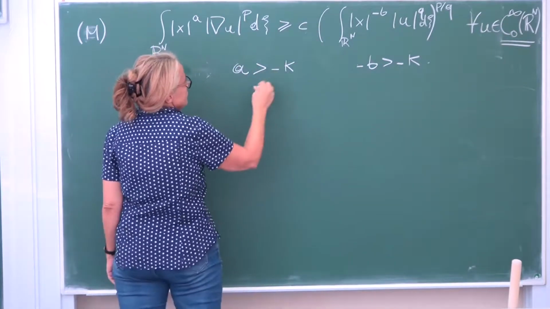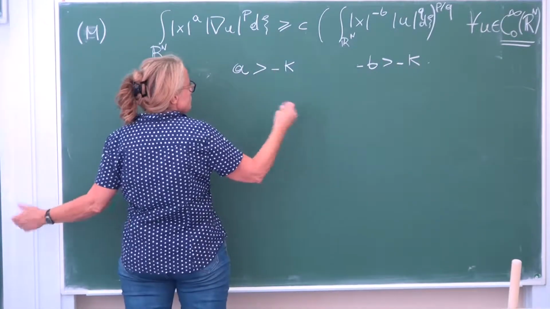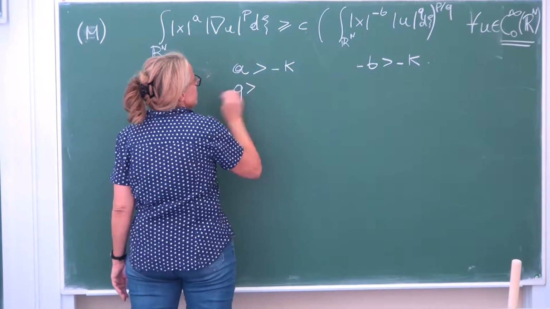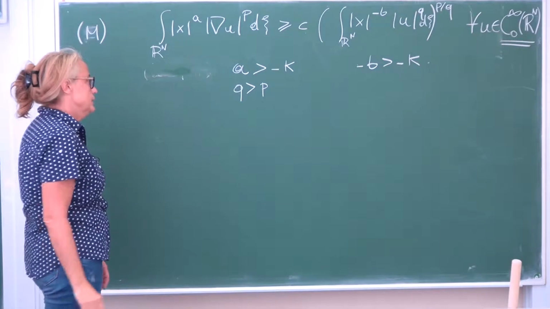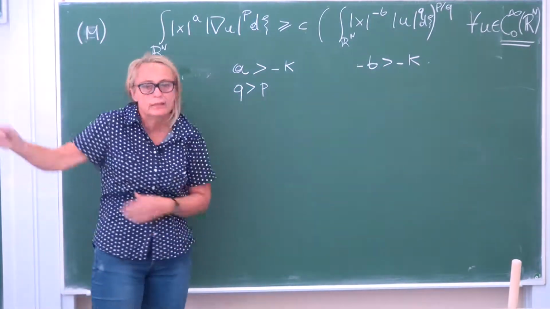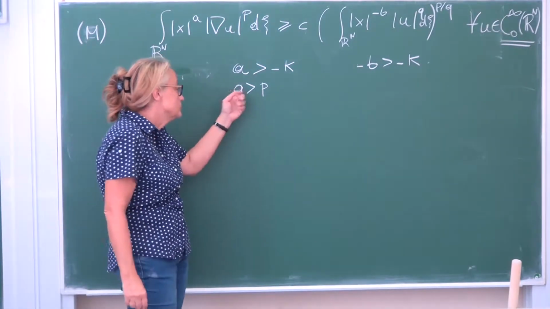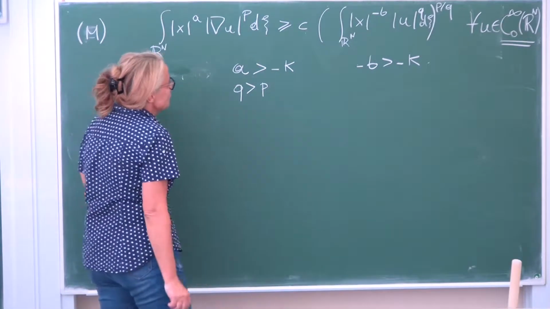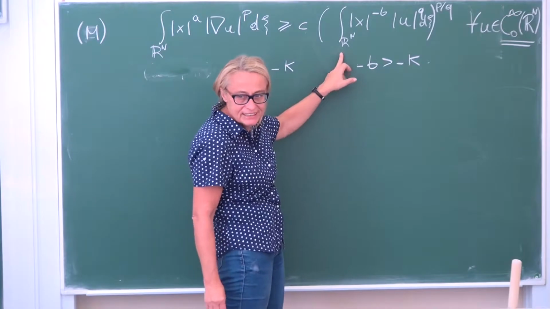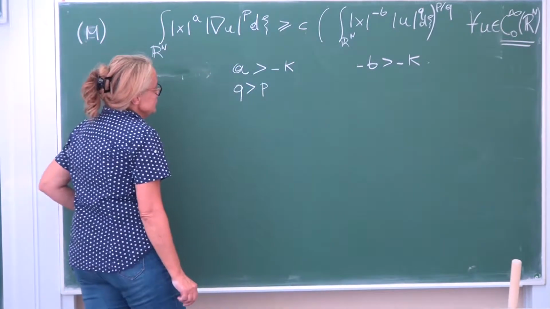I'm interested in the case q greater than p, because q equal to p is the Hardy inequality, and q smaller than p is less hopeful, because this is an unbounded domain. So q greater than p.